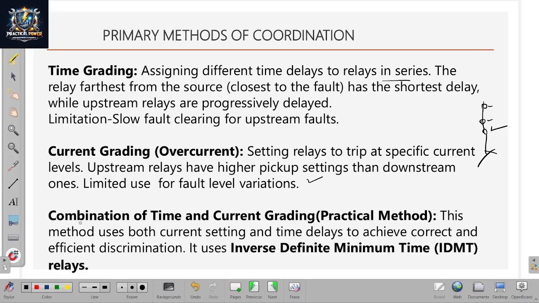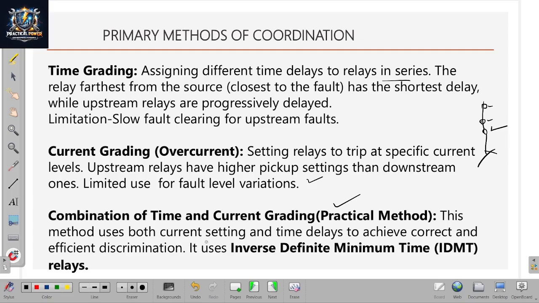The third type of grading is the combination of time and current grading. This is the practical method. This method uses both current setting and time delays to achieve correct and efficient discrimination.